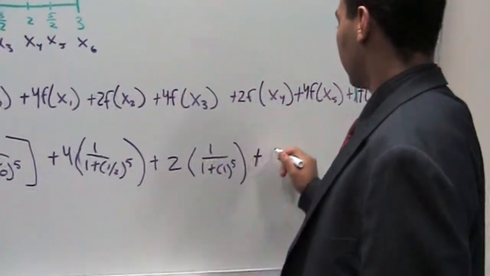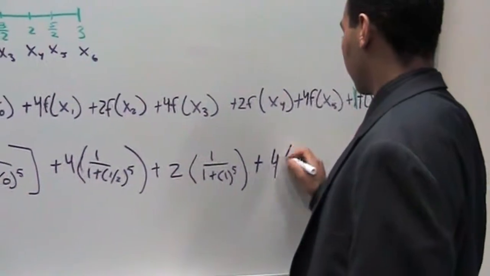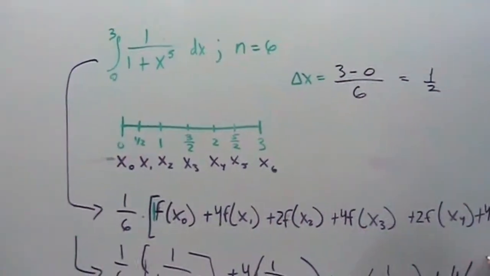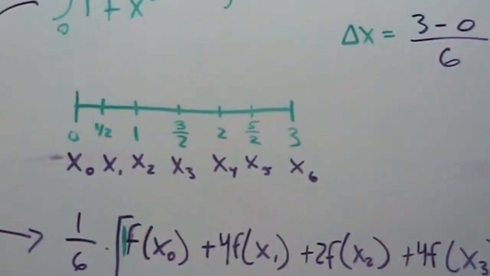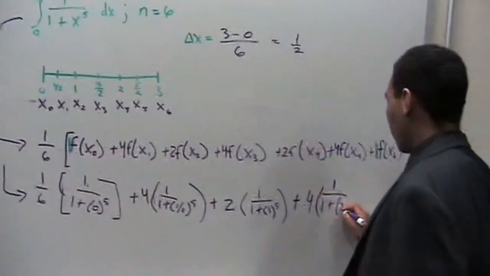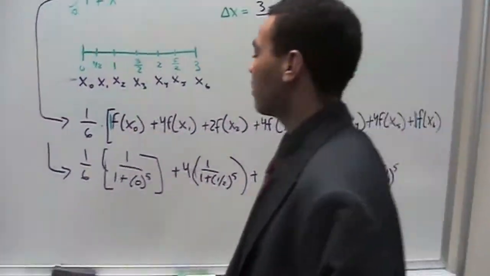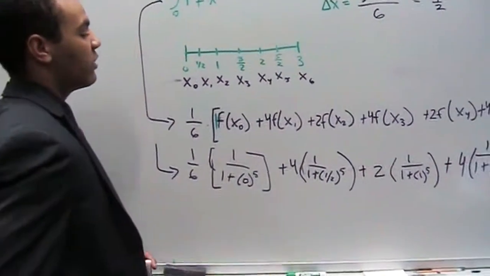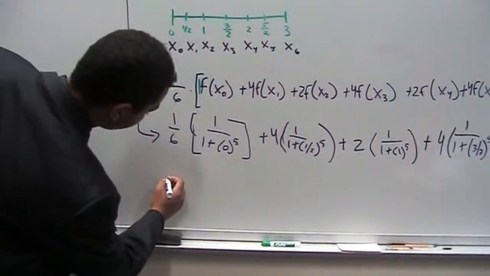And we continue on with x subset 3, which is equal to 3/2. So then we plug in 3/2 here into the original equation. 1 over 1 plus 3/2 to the 5th. And then we'll come down here. So next up is x subset 4 with the coefficient of 2, sorry.